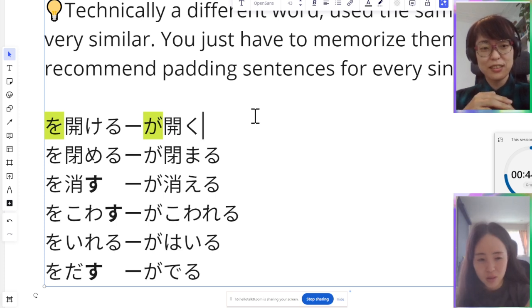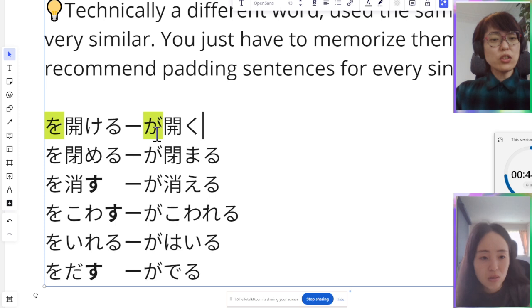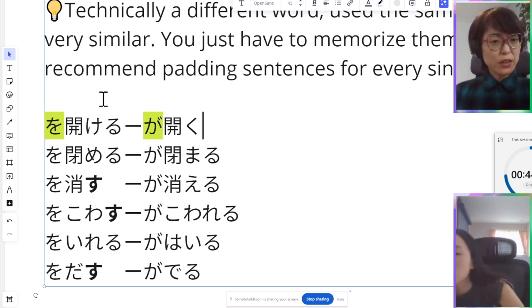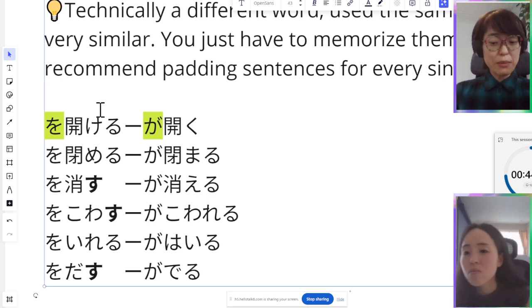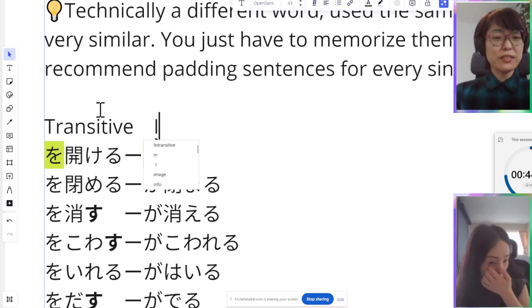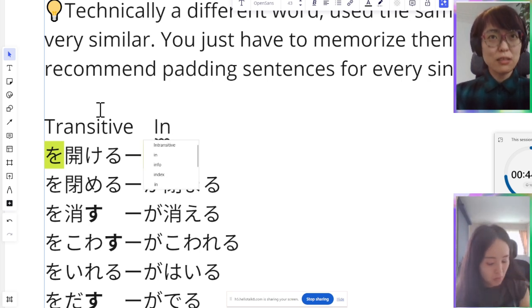電気を消す。携帯を壊す。No, I'm not saying that a transitive verb always ends with su. I'm just saying that if it ends with su, pretty much it's transitive.